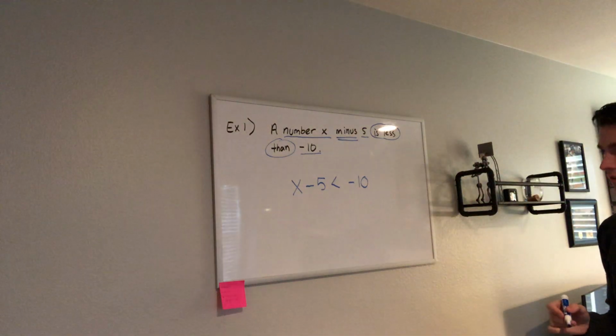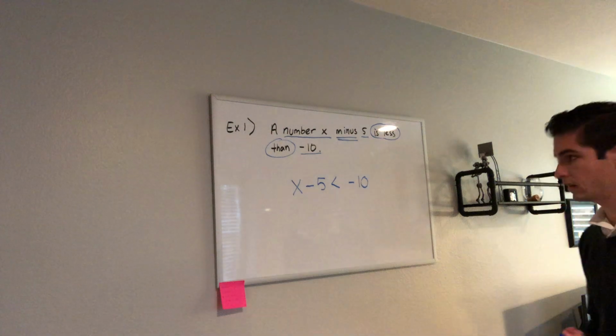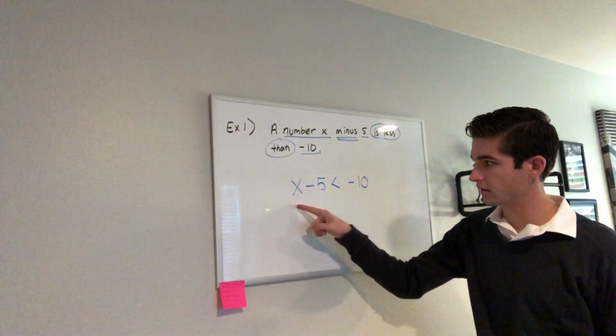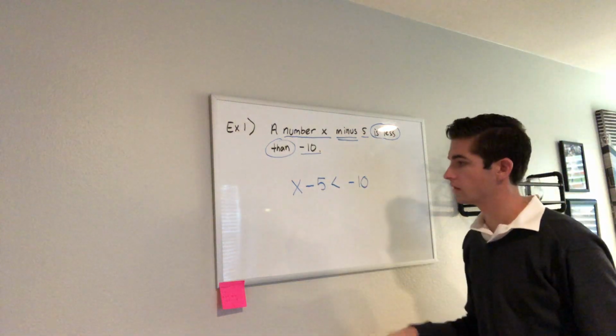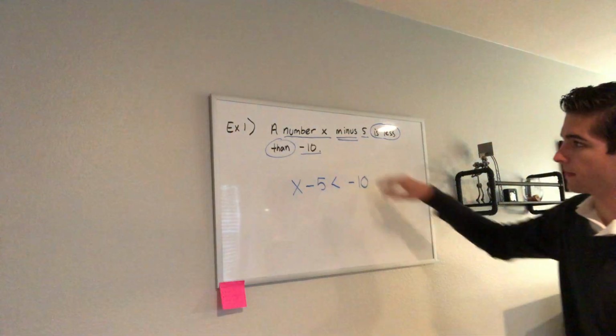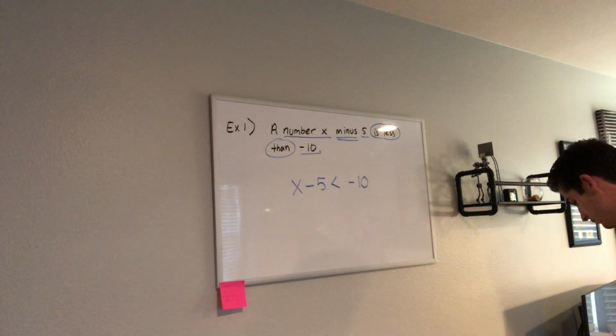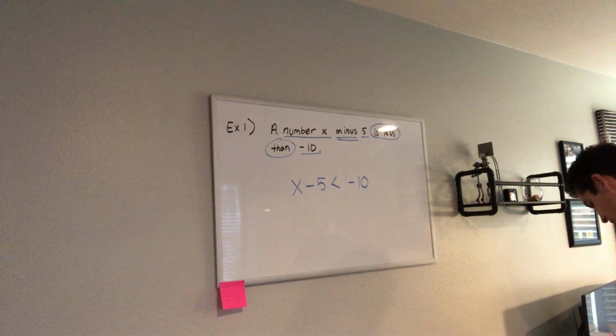So that's all they are looking for there. Later we're going to be adding and subtracting across the inequality, but we'll get to that later. So this is all they're looking for right now. So this is x minus 5 is less than negative 10. Same thing that example 1 is saying.